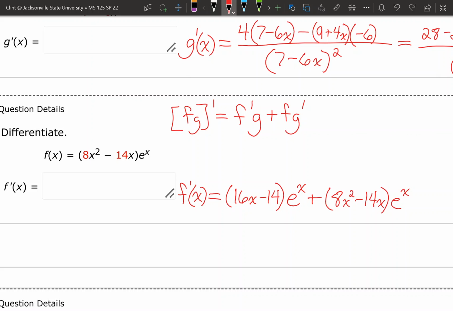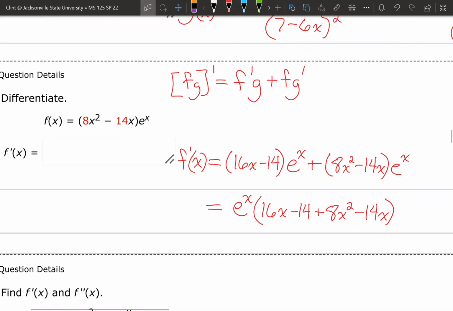And let's see, if we wanted to be fancy there, simplifying, we could factor out e to the x maybe. And then combine like terms. Don't have to. So let's see what we do.